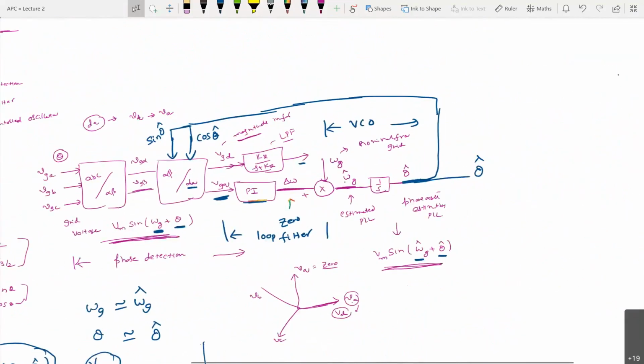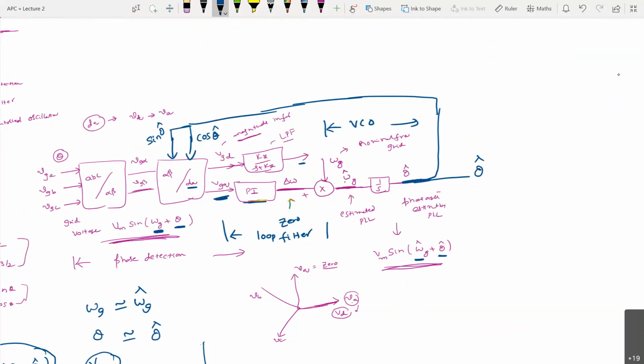The idea is simple. We have the grid voltages, which we first convert into the alpha beta reference frame, and from that into the DQ reference frame. What we observed is that if the feedback angle is theta dash, the PLL output, and you feed it back, then the D axis contains the magnitude information and the Q axis contains the phase angle information.